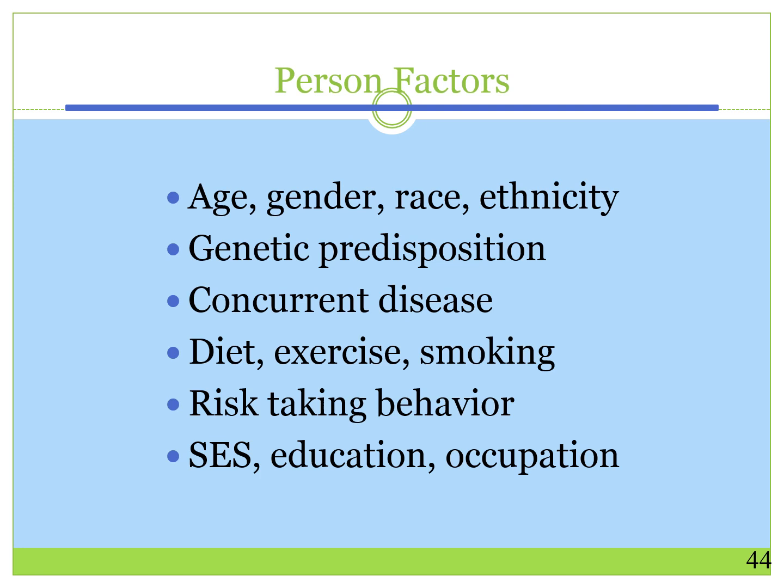So person factors: age, gender, race, ethnicity, genetic predisposition, concurrent disease, diet, exercise, smoking, risk-taking behavior, and others.